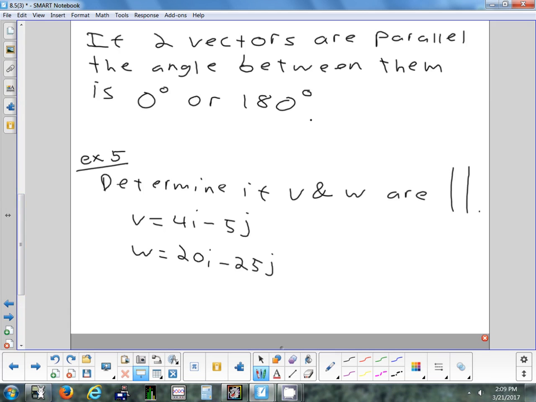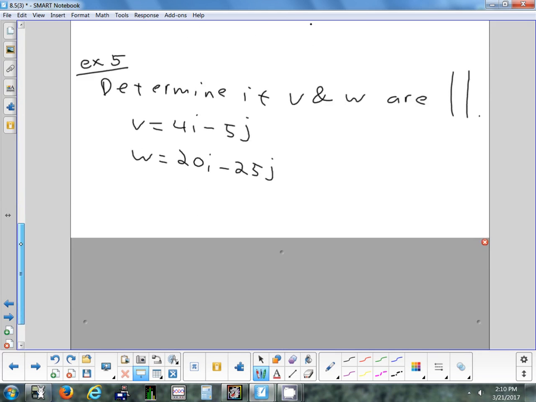Okay, so I want to determine if those two vectors are parallel. What's the first thing I need to find to figure out if those are going to be parallel? Yeah, I need the dot product.